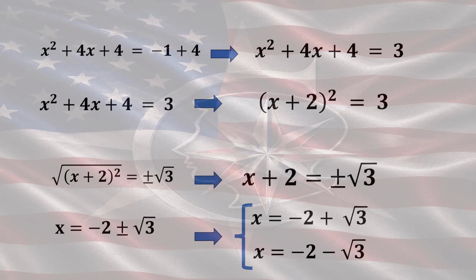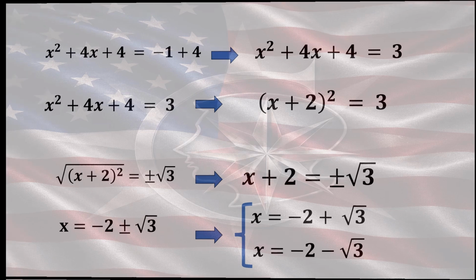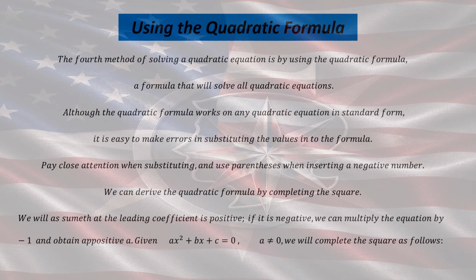Using the quadratic formula. The fourth method of solving a quadratic equation is by using the quadratic formula, a formula that will solve all quadratic equations. Although the quadratic formula works on any quadratic equation in standard form, it is easier to make errors in substituting the values into the formula.